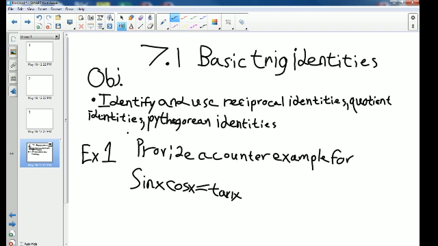Because the way this works, if you were to plug in, say, sine of square root of 2 and then cosine of square root of 2, it would equal tan of square root of 2. So when you would do sine of square root of 2, for instance, it would be 1, I believe.